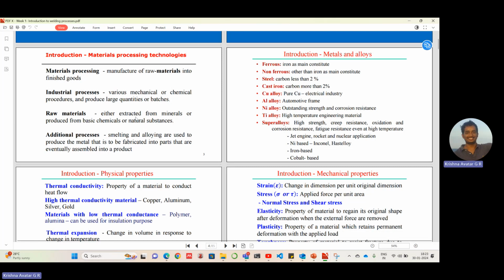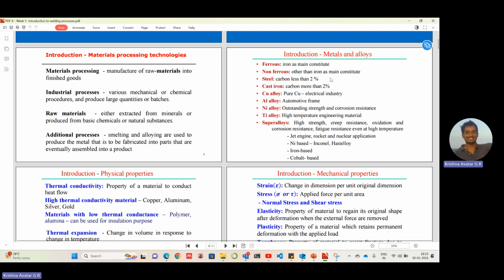Raw materials can be extracted from nature, or produced in certain lab settings. To produce metal, the raw mineral ores are processed through steps such as smelting and alloying, and then fabricated into parts which can be assembled into the final product.